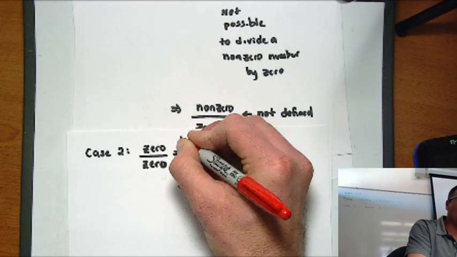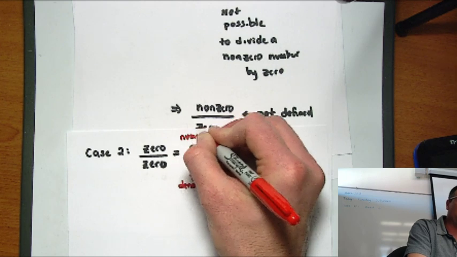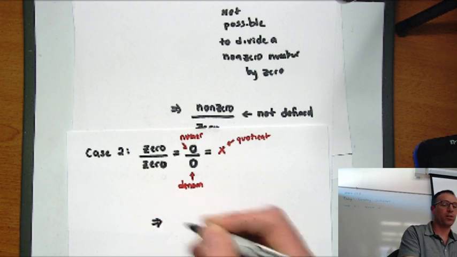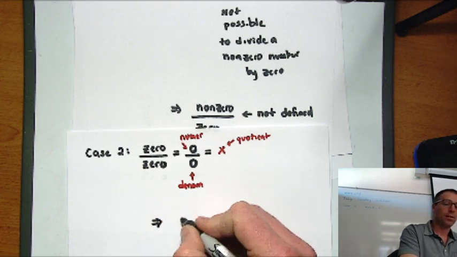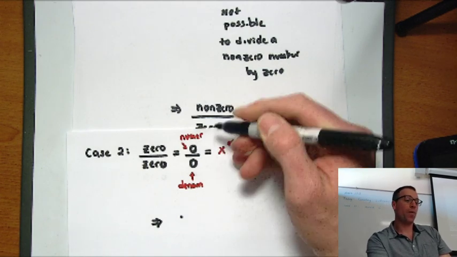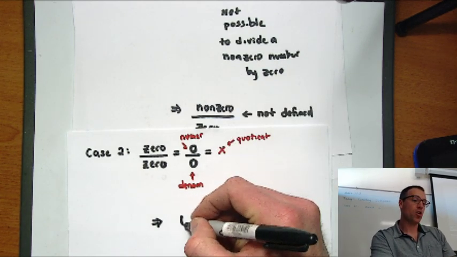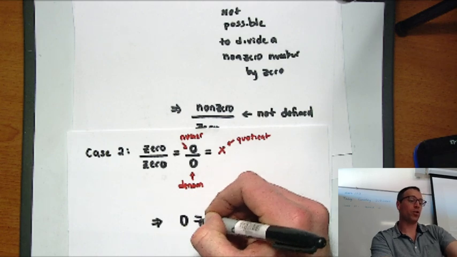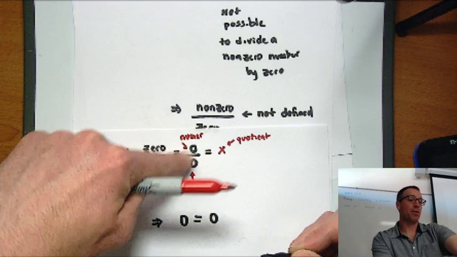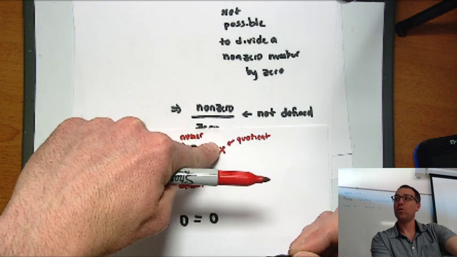This thing on top is called the numerator. What does it immediately mean that 0 divided by 0 is equal to x? Let's go real slow. Numerator divided by denominator is quotient. What would that mean in terms of multiplication? The numerator would be equal to the denominator times the quotient.